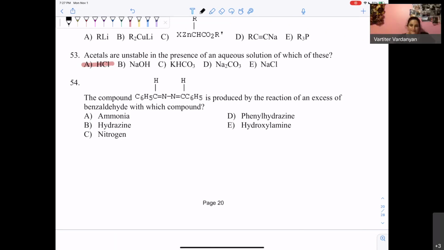It says the compound that is produced by the reaction of an excess benzaldehyde with which compound? Okay, a hydrazine. Yes. Another way you could go about this is that the only excess reaction we're going to do in this chapter is hydrazine, because it's the only one that can produce this double structure.